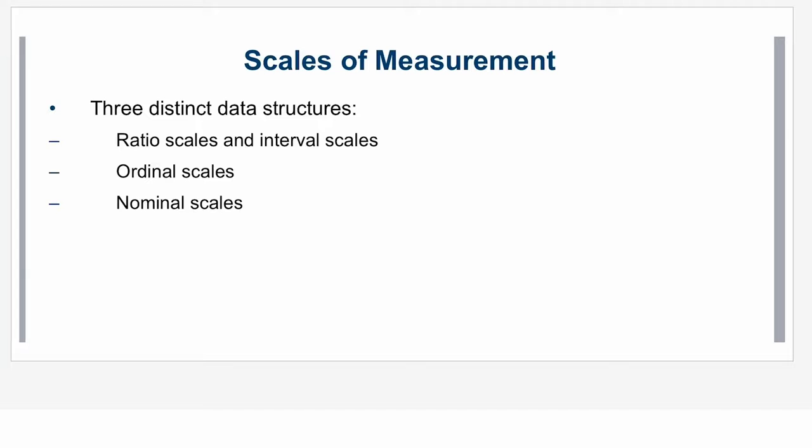Ordinal scales are ranks. Those are things like small, medium, large, or first, second, third. Those are categories that are ranked. When you see ordinal, think order, think rank. They're in order, okay? So the math that you can do with those is not the same as the math you can do with just plain numbers, right? There's very limited math you can do with that.